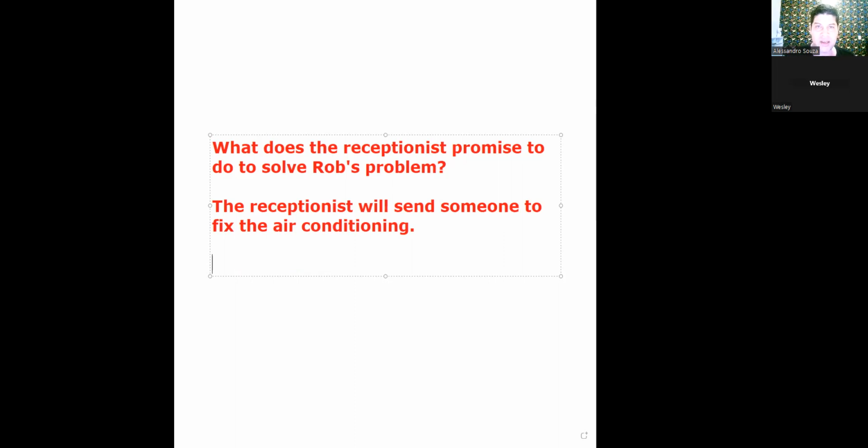Because the air conditioning is broken, right? Yeah, the air conditioning is probably broken. That's why Rob is complaining about the air conditioning.